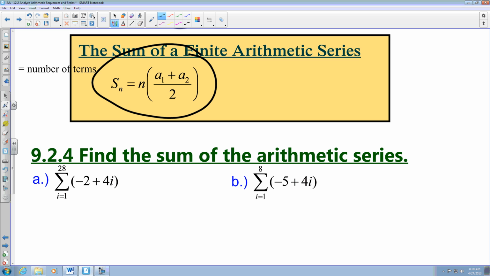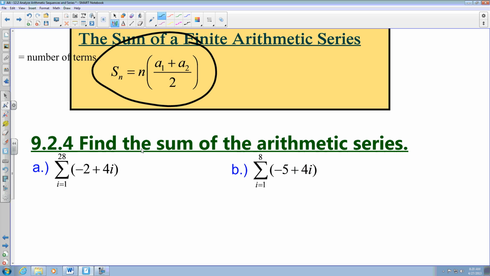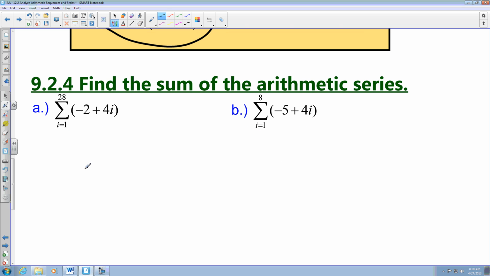So from here, I have the sigma notation of i equals 1 to 28 of negative 2 plus 4i.